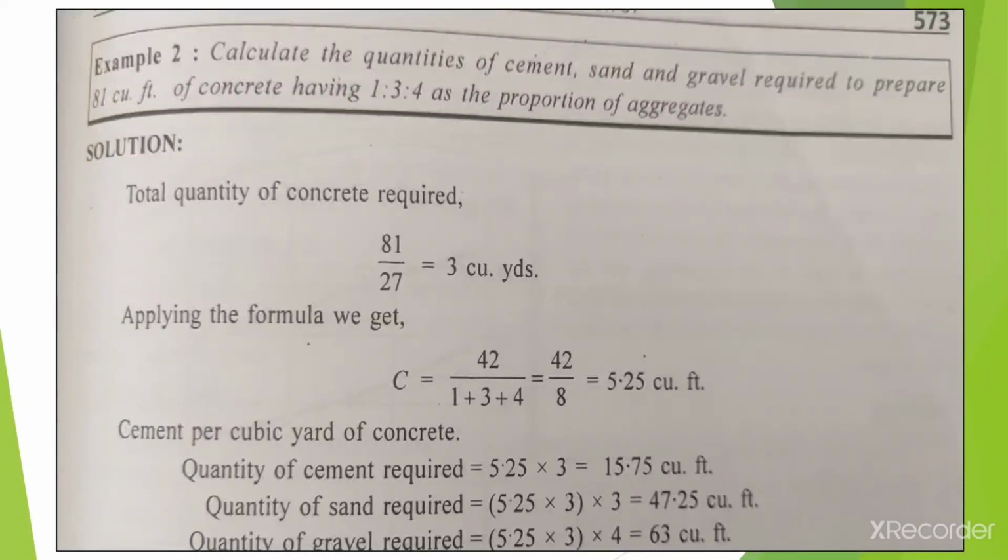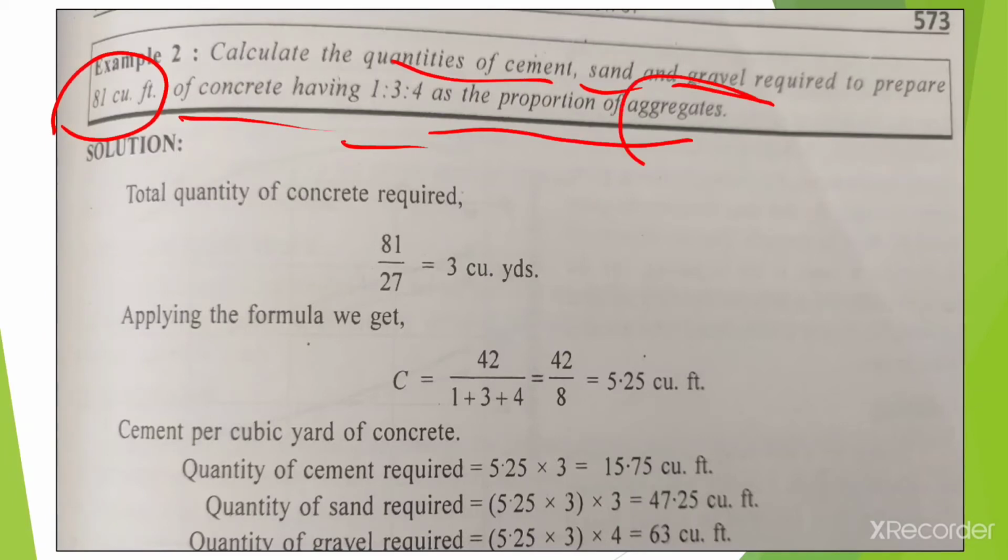Now let's see one of the examples which is based on the calculation of cement, sand and gravel from the given quantity of concrete. Calculate the quantities of cement, sand and gravel required to prepare 81 cubic feet of concrete having 1:3:4 as the proportion of aggregates.